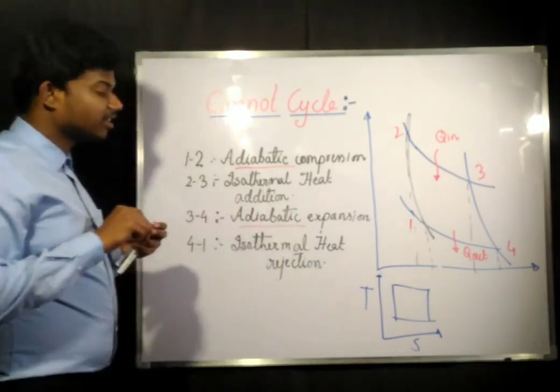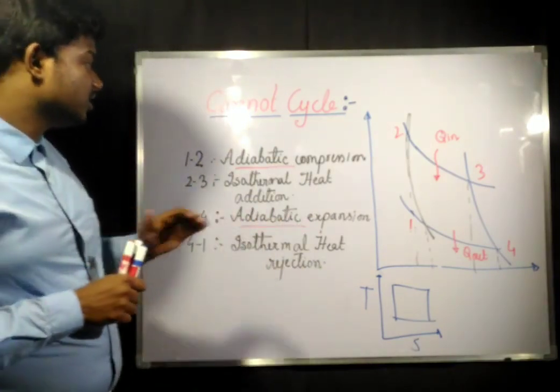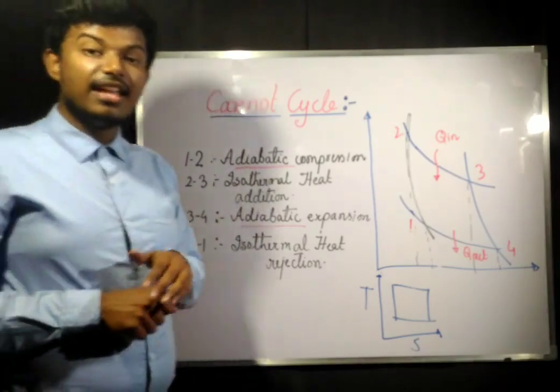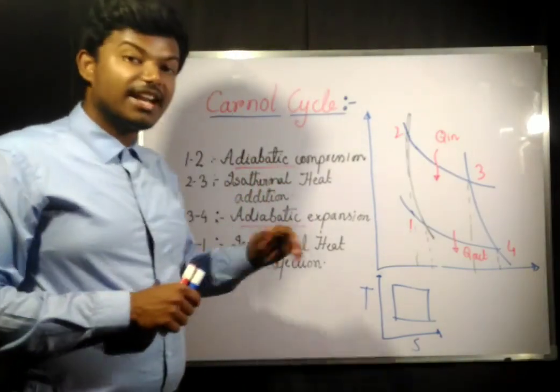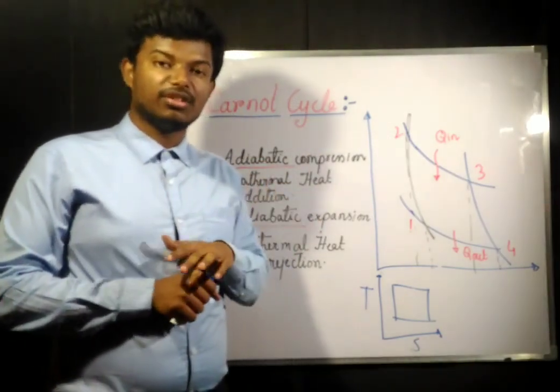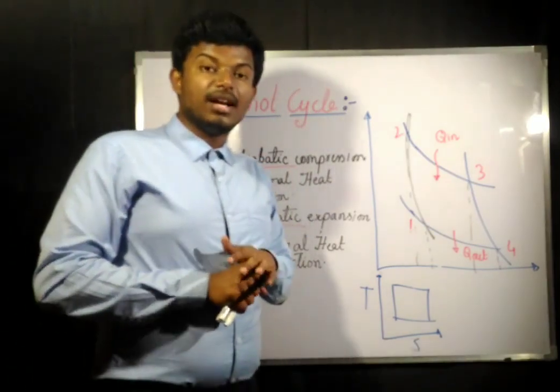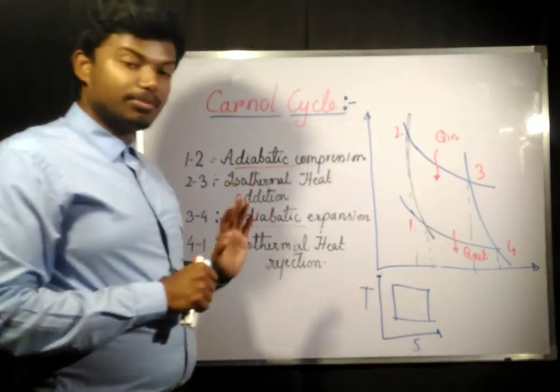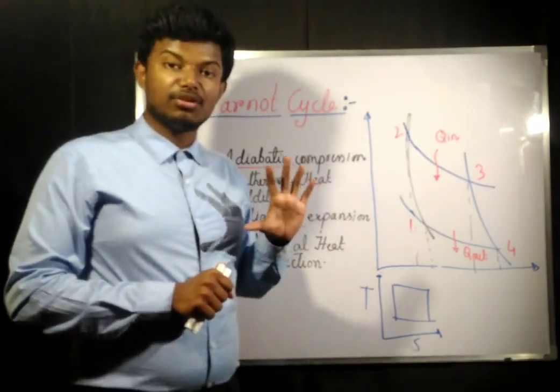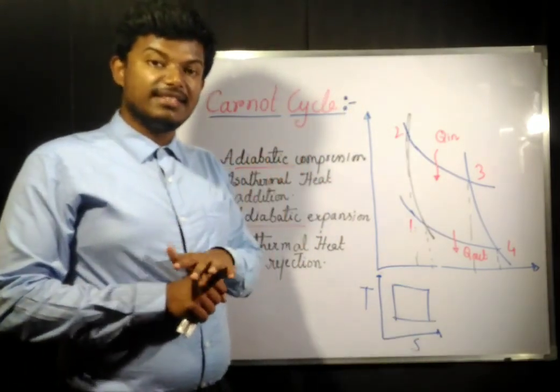You will see that reversible adiabatic processes are isentropic processes. That means in reversible adiabatic processes, entropy is going to be the same.